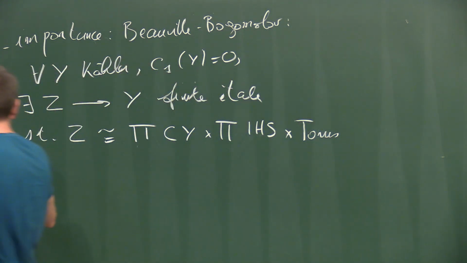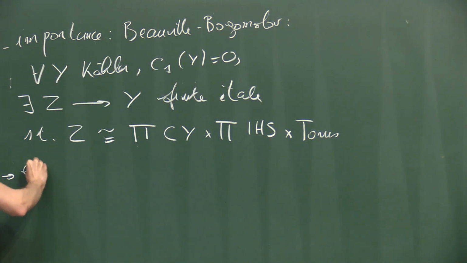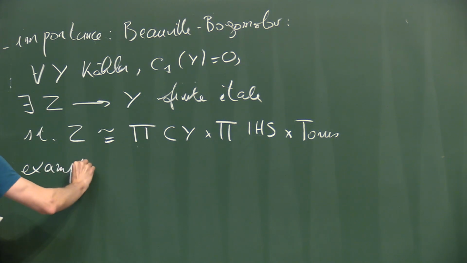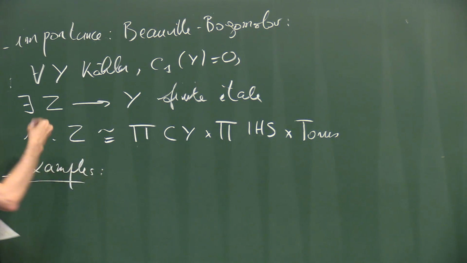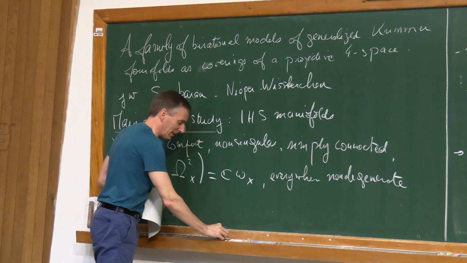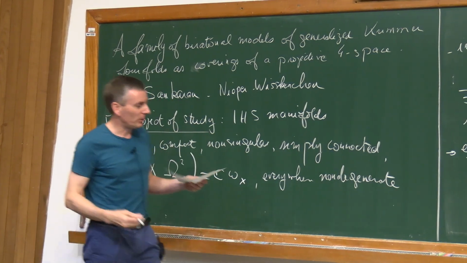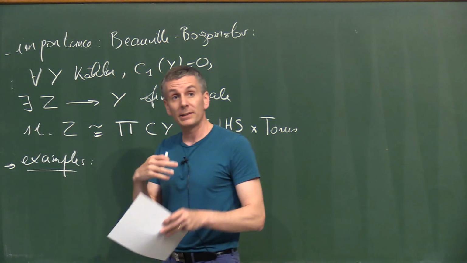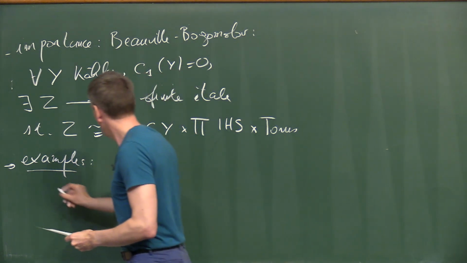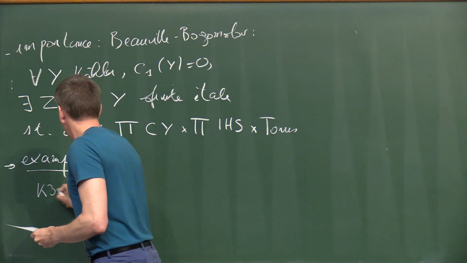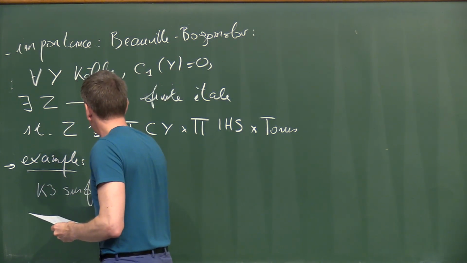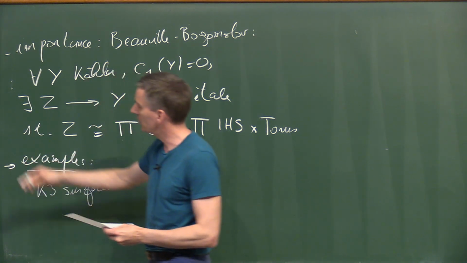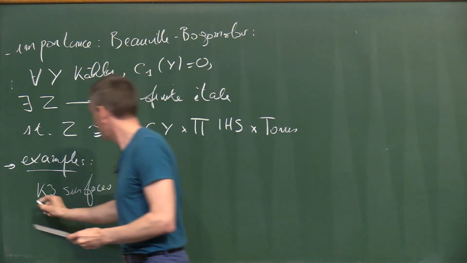The examples that I will need in this talk: I will not give a whole list of IHS manifolds, it would be impossible given the known deformation classes, but I will just present the ones that I will need today. The first ones are K3 surfaces. They are the only two-dimensional IHS manifolds.